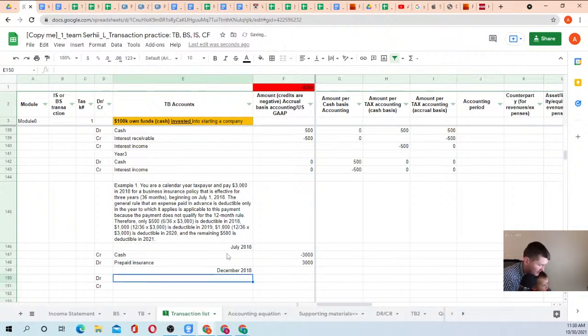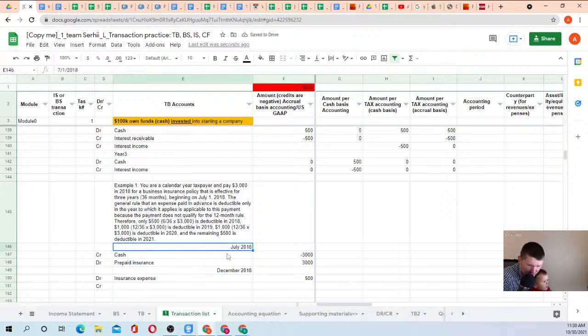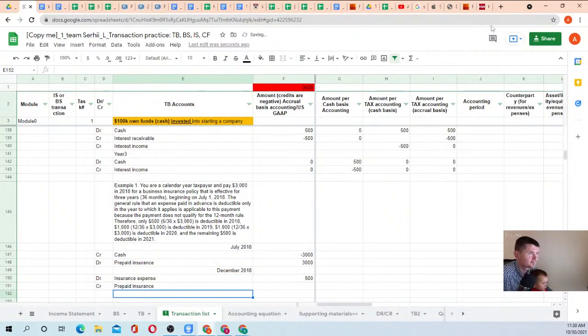So we will recognize insurance expense of 500 because it's only half a year, and we credit prepaid insurance. We credit prepaid insurance for that 500.